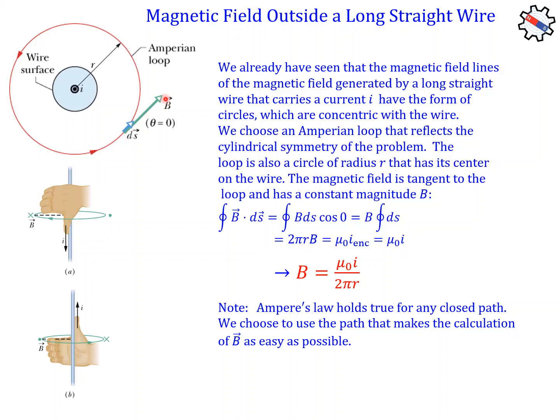We can draw B in here as being in the same direction as ds. If our value for B came out to be negative, we'd know it'd have to be the other direction. But there's one thing we do know, it would be around a circumference like this, around a circle, the B field, because we've never seen magnetic monopoles. Never been observed. So we wouldn't expect it to be radially outwards, like with an electric field.